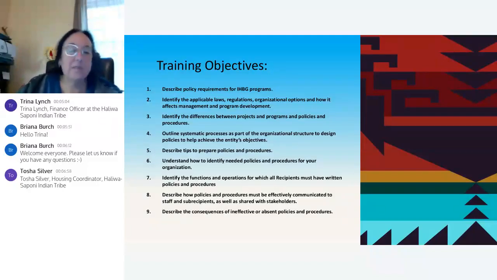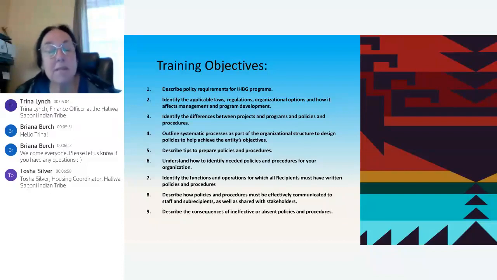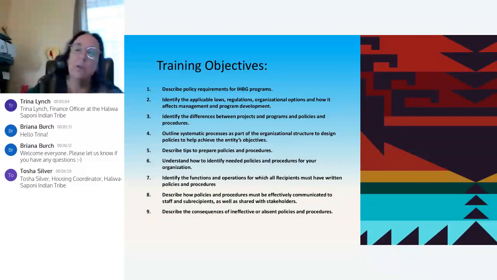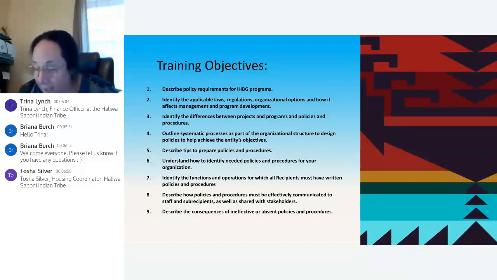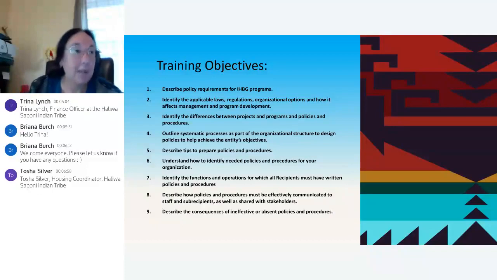We will describe consequences of ineffective or absent policies and procedures, and outline the difference between our projects and our programs, and make sure that we know exactly what we need to have those procedures and policies in place for, with proof of adoption, where we can easily, readily get a hold of them.